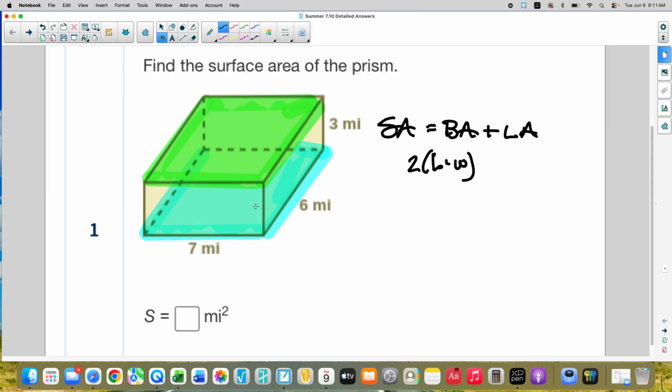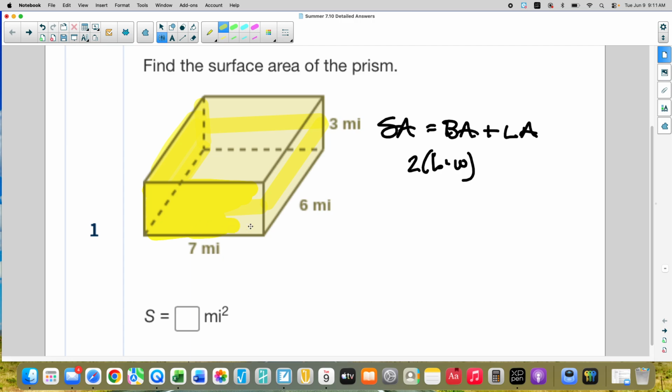And then the lateral area, this is the interesting part. I really like this concept because it's very important to be able to see this. The lateral area is sort of like our waist. It's the waist of the problem, meaning it goes around the figure.